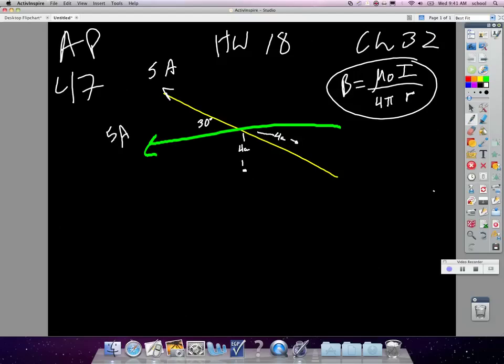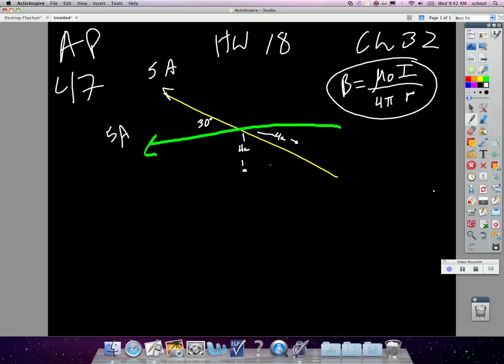So because we're assuming that it's infinitely long, then we can just begin to calculate the distance from both of these things. Now, they tell us that each of these points is 4 centimeters from the intersection, and equally distant from both wires.